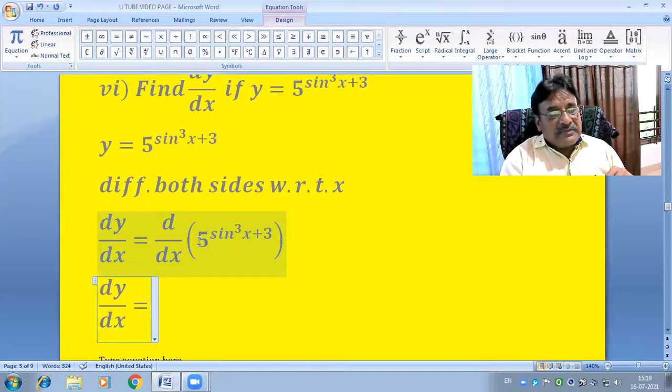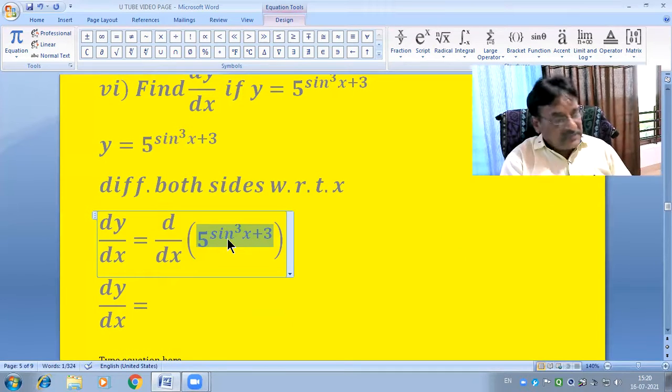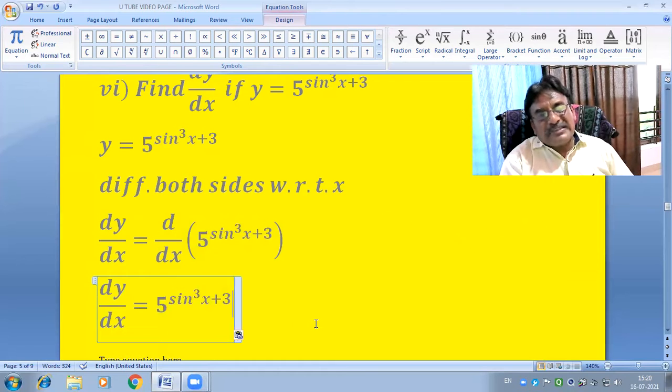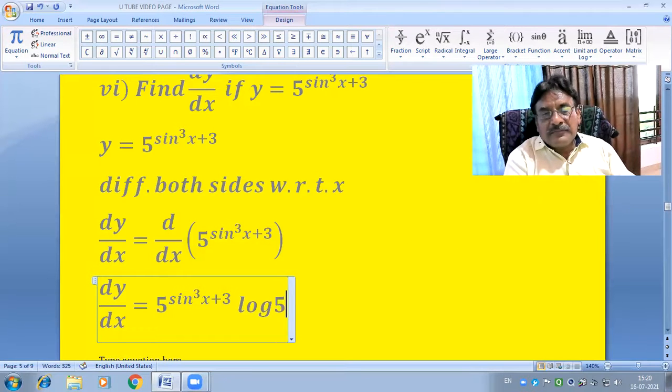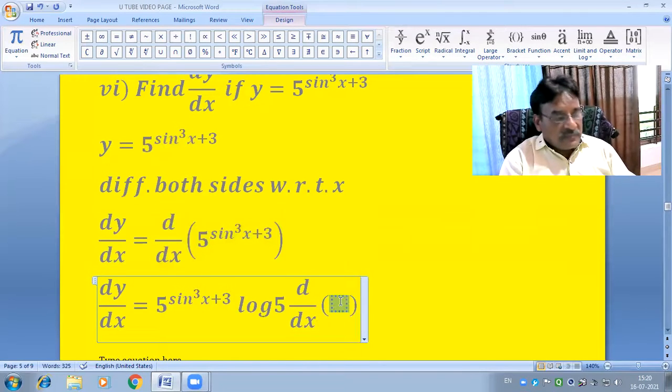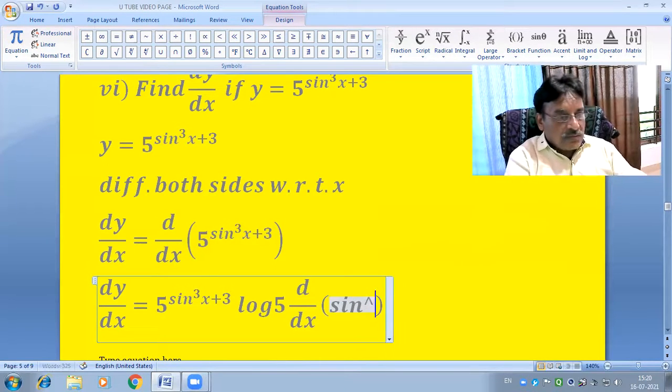So 5 to the power sine cube x plus 3 into log of 5 into f dash of x, that is d/dx of sine cube x plus 3.